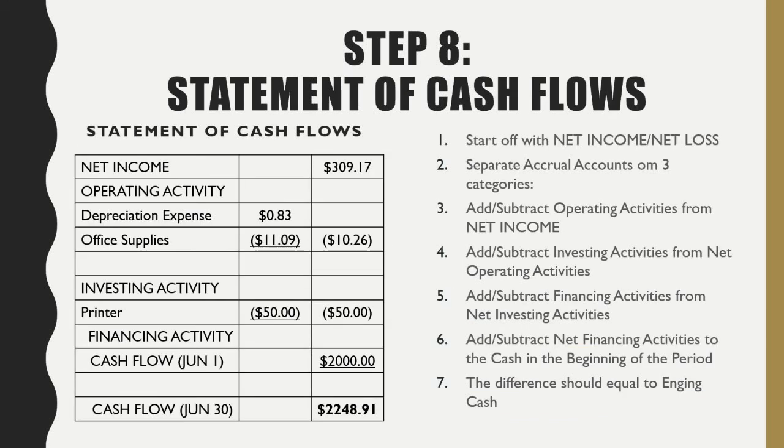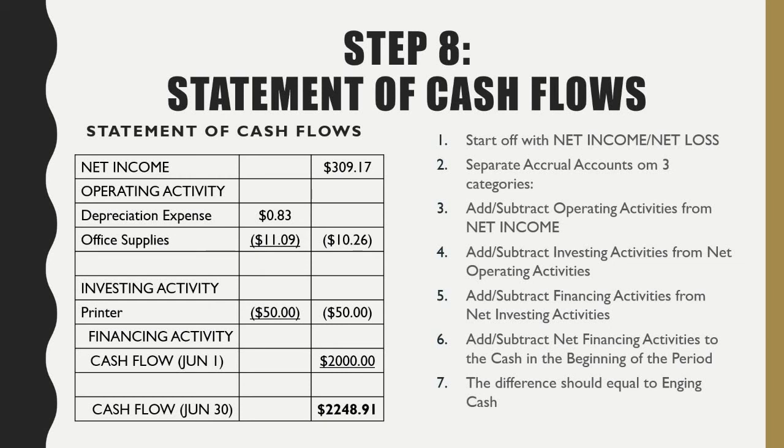Then we can go ahead and move on to the statement of cash flows, right? The statement of cash flows is a combination between your income statement and your balance sheet. It's literally in the title.